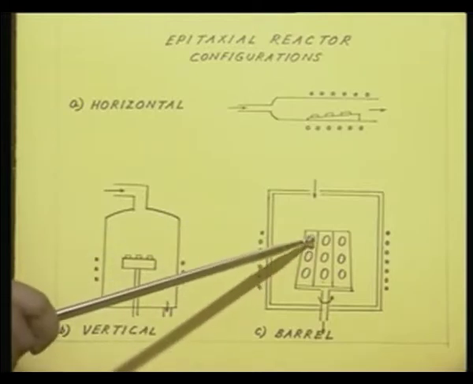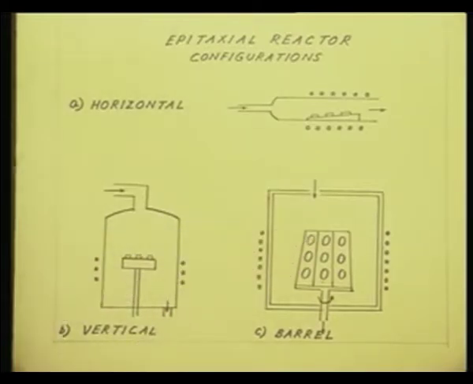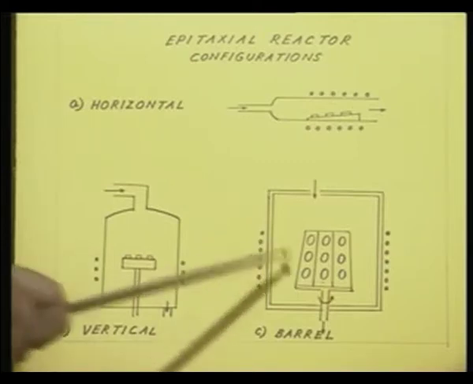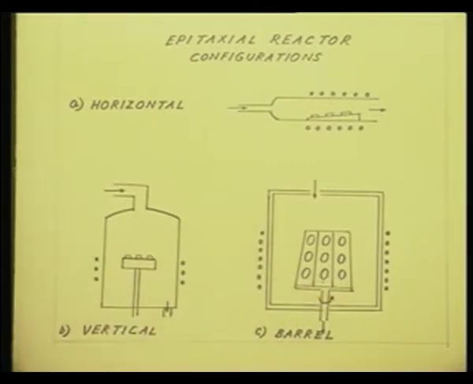See, this is the groove for placing one whole silicon wafer, this is for mass production. So, you put one whole silicon wafer in each of these grooves. You can rotate the barrel for better uniformity of deposition.